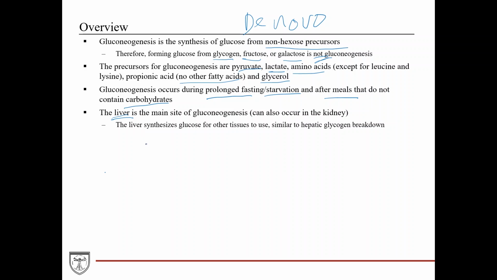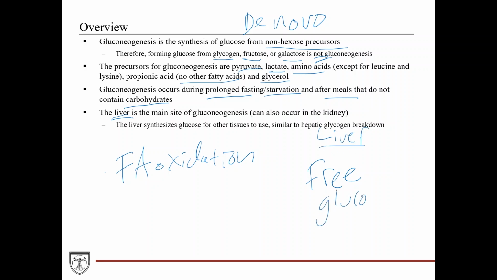And remember, the reason it's happening in the liver is the liver during fasting relies on fatty acid oxidation, which allows it to turn off glycolysis and turn on gluconeogenesis. Because you remember, you can't have both running at the same time. That would be counterintuitive. So the name of the game in the liver during fasting is free glucose that can then be exported out into the bloodstream and used by other tissues.